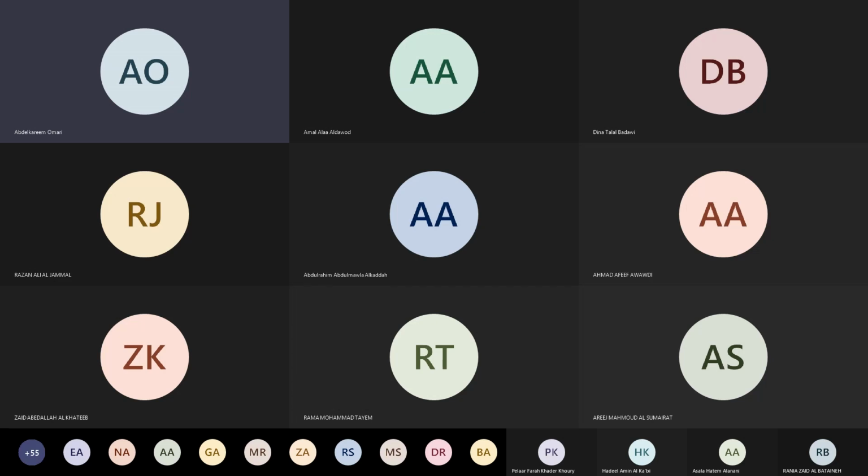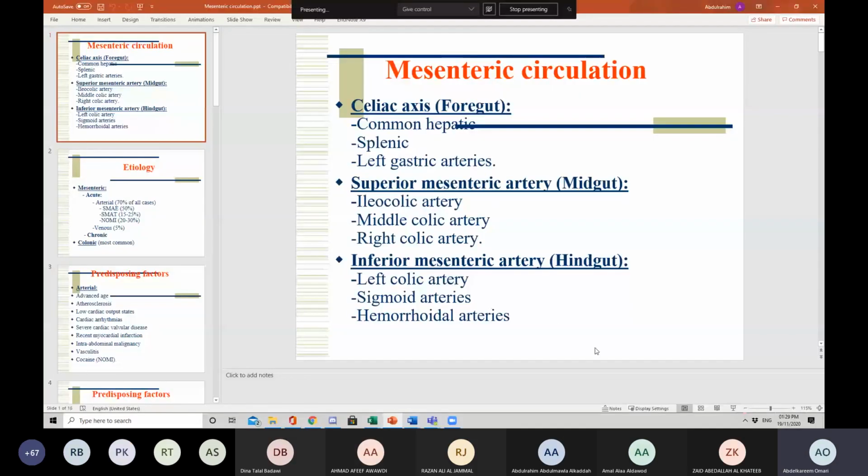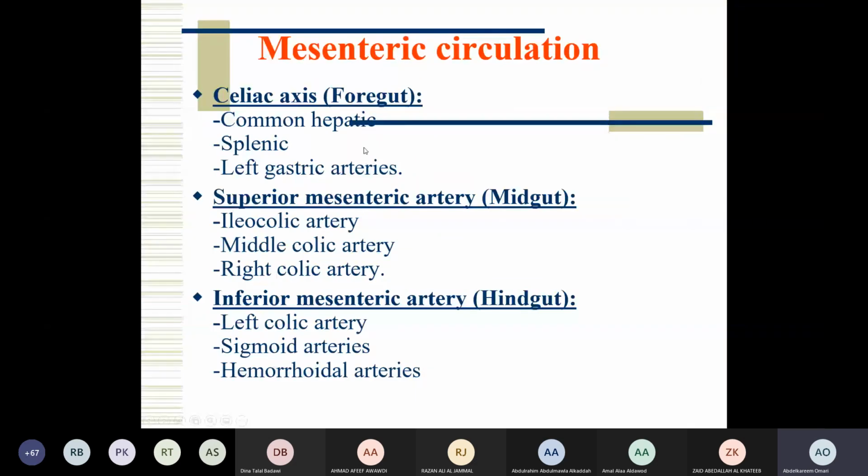Mesenteric circulation. Focus with me guys. You know this is an emergency and you will be asked about it wherever you go. We hope you will have a very good post outside.